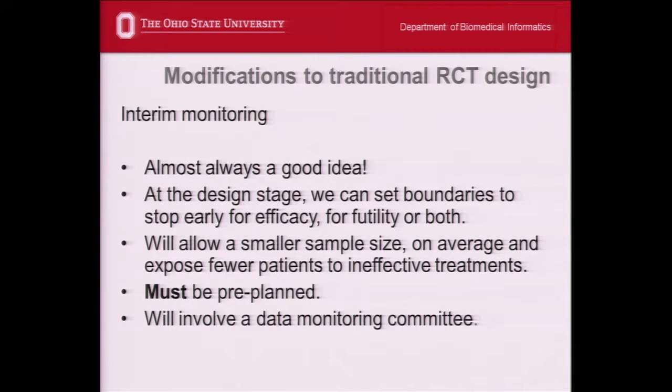For early efficacy monitoring, so we, again, stop early when we know the treatment is working better. This is generally done in randomized trials. We do see some of this work in more observational studies, too, when we're thinking about comparative effectiveness. But we also have to plan these kind of interim monitoring steps ahead of time.